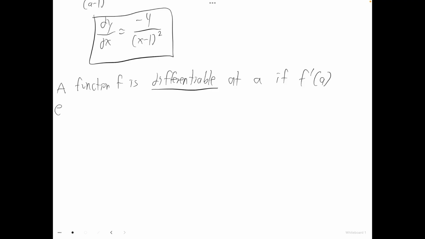And so just like we had the idea of being continuous at a point, we're now going to define what it means to have a derivative at a point. And so a function f is differentiable at a if f prime of a exists.